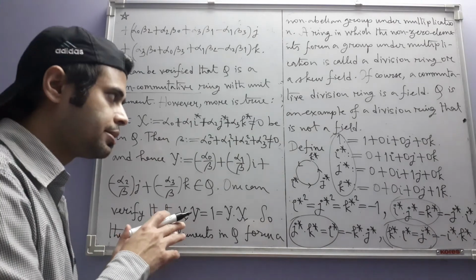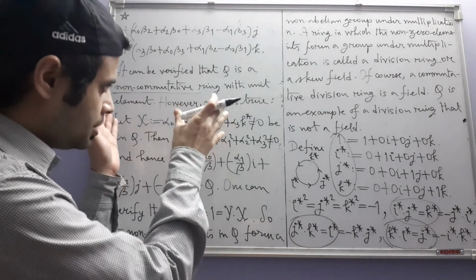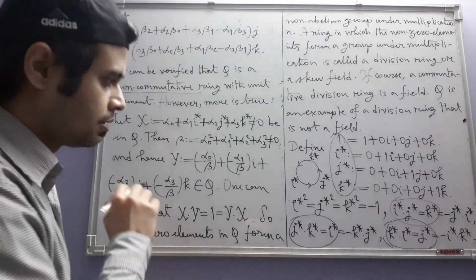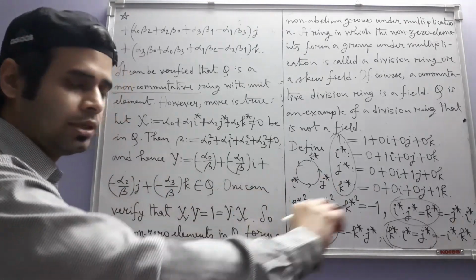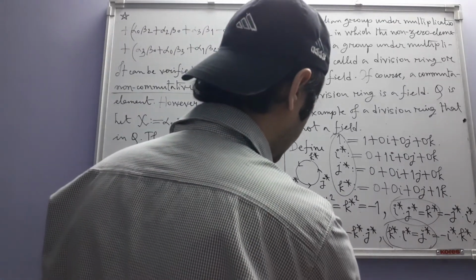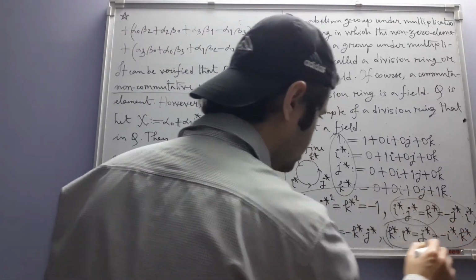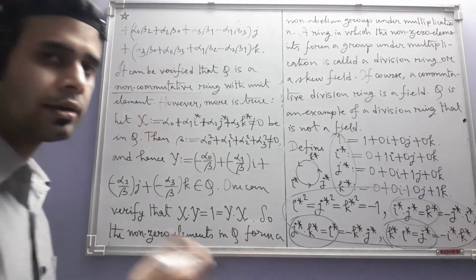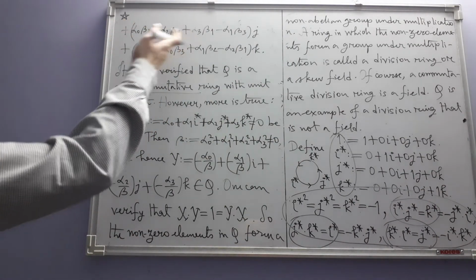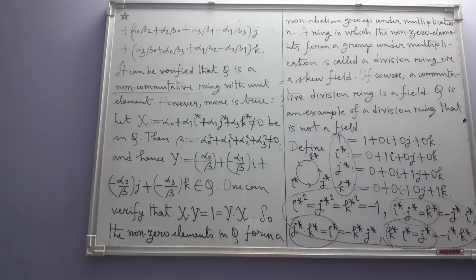And just like the sixth example, using this expression, you can multiply two elements, just like how we ordinarily multiply two algebraic expressions, and you use these rules to collect terms. That's how I wrote this product.